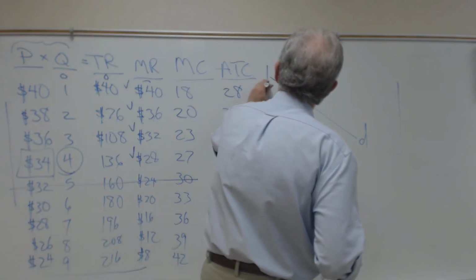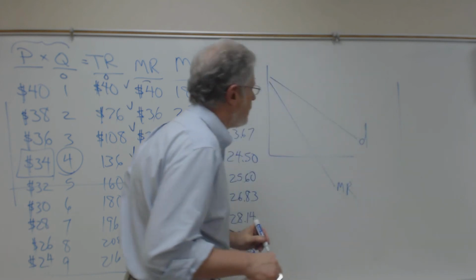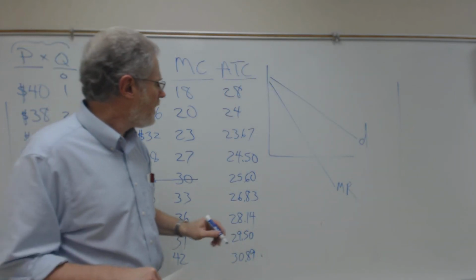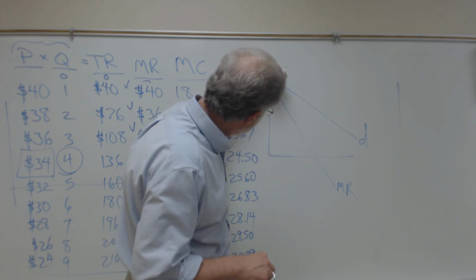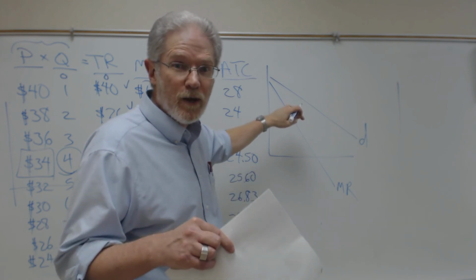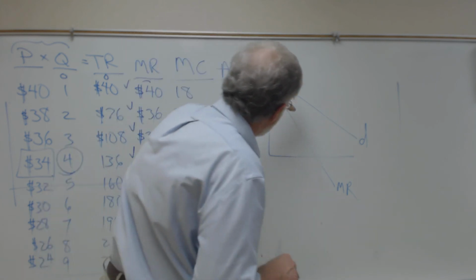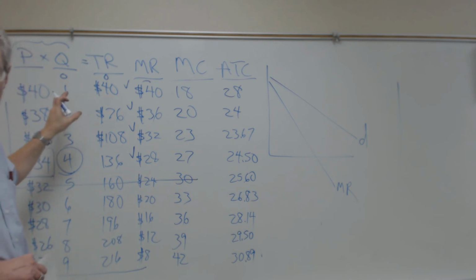What that means is the marginal revenue curve is going to be steeper. Okay? For any level of output, if you read up to the price, it is going to be greater than the marginal revenue for that quantity. Okay? So this is just a graphical representation of the demand curve we have here. Okay?